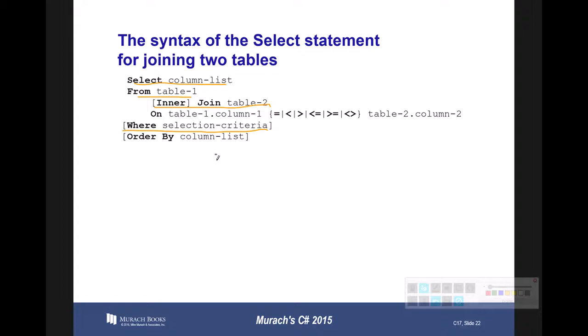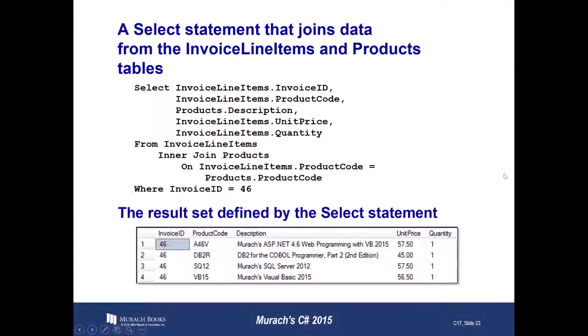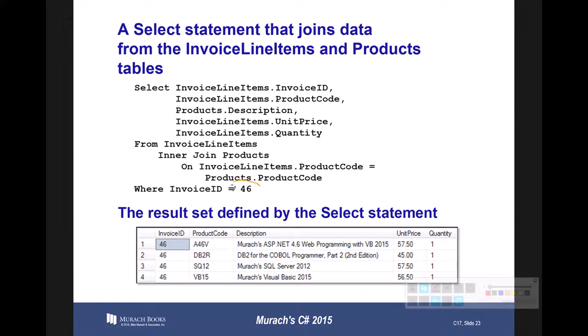So you always want to join the primary key with the foreign key of the other table, so it knows what columns to bring back. And I'll cover that in the next video. Here's an example of a join. We're trying to join where this invoice line item ID or invoice ID is 46. That way it can bring back all of the items from that invoice.